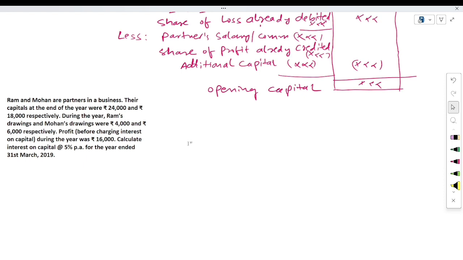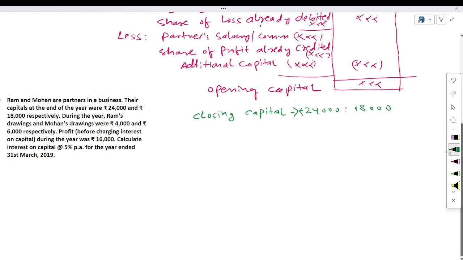See here, Ram and Mohan are partners in a business. Their capitals at the end of the year were 24,000 and 18,000. What is given here? Closing capital of two partners. First one is 24,000 and second one is 18,000.